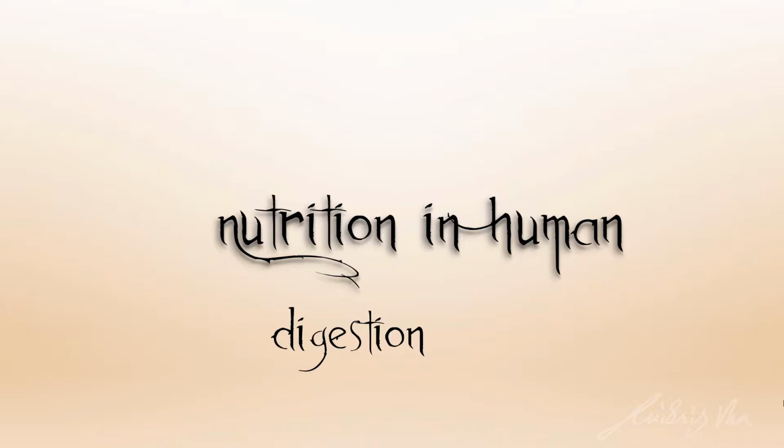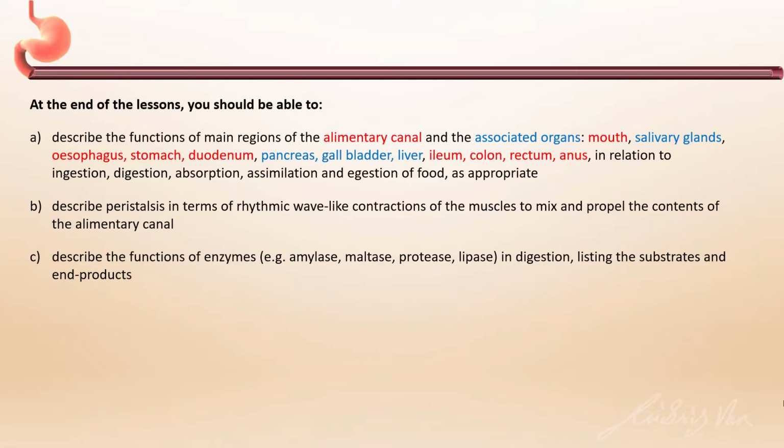The part of digestion is what we are going to focus on in this video. So let us take a look at the learning objective. You are supposed to describe the main function of the alimentary canal and the associated organs. I have color-coded them into alimentary canal organs as well as associated organs, which are in blue.